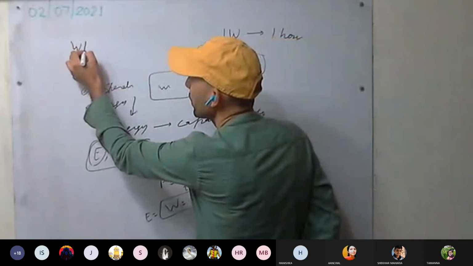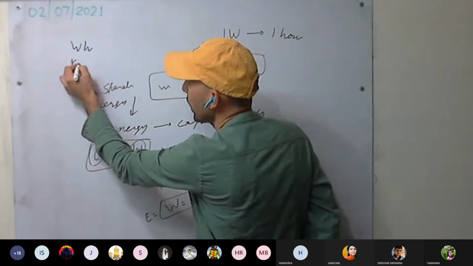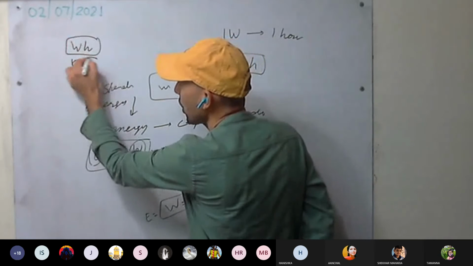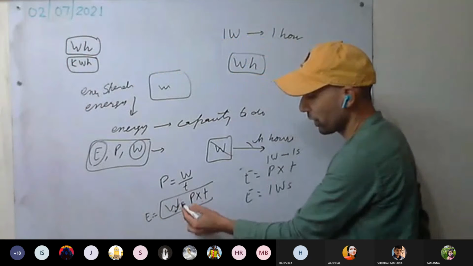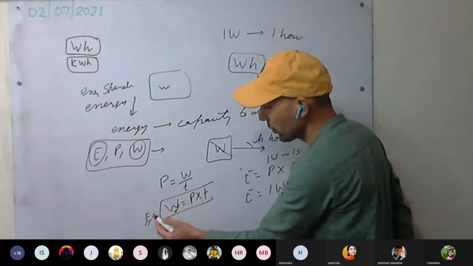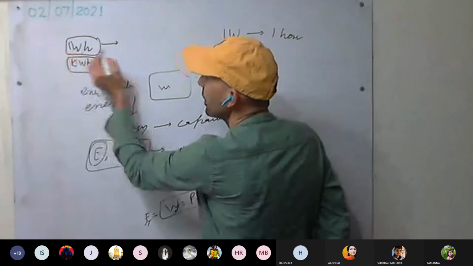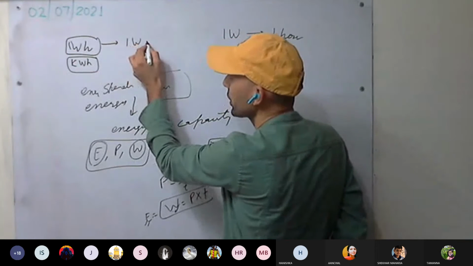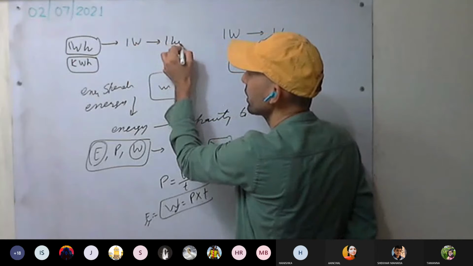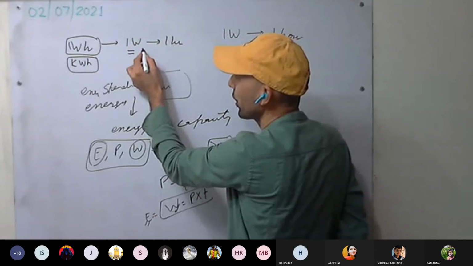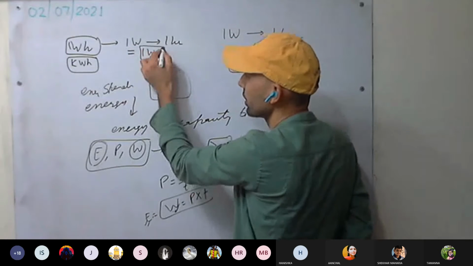So watt hour and kilowatt hour are units of energy or work done, that is power into time. What does 1 watt hour mean? If a body of 1 watt does work for 1 hour, then the energy spent by the body is 1 watt hour.